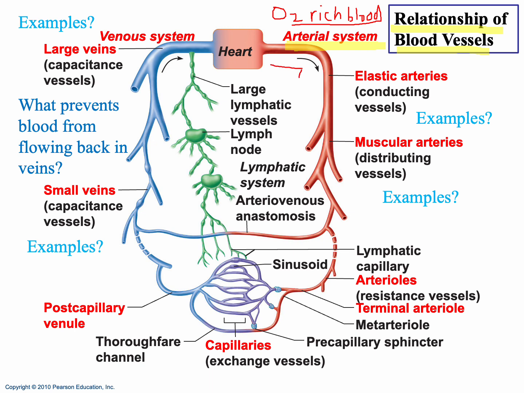The blood leaves the heart through that major artery, the aorta. Eventually, the blood will make its way to what are known as elastic arteries. The blood pressure is, of course, a lot higher over here. Elastic arteries, for the most part, are located near the heart. Some examples: the aorta would be a great example.